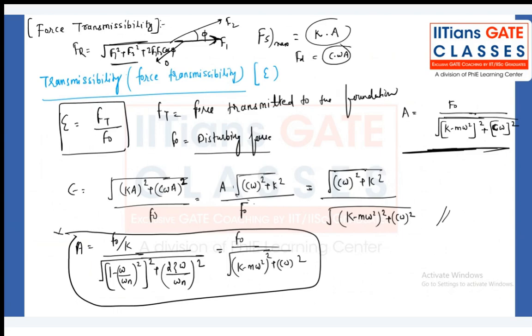But you can also write the transmissibility formula in the form of the frequency ratio, omega by omega n. How? You can take common from numerator and denominator, then it will be C omega by K whole square plus 1 square, divided by, if you take K common, 1 minus m omega square by K whole square plus C omega by K whole square. Then you can interchange it.